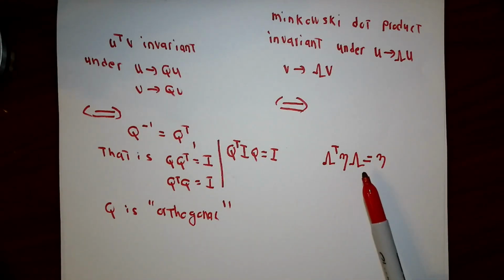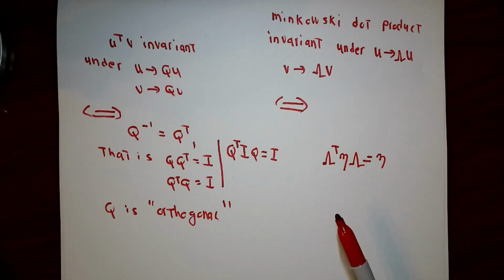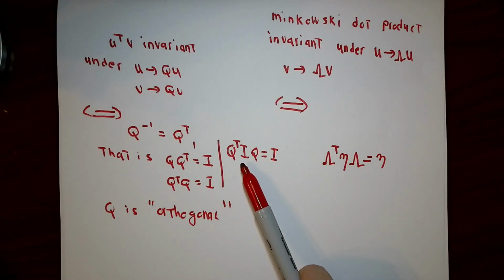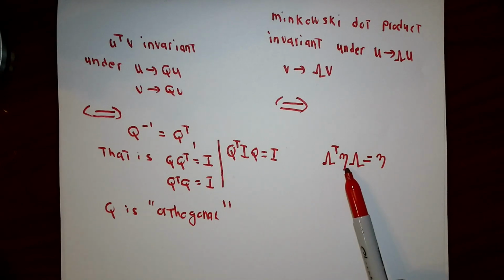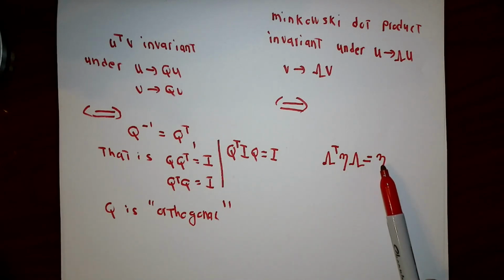Except for the name of the transformation, and except for the fact that the matrix in the middle and on this side is I here and is eta here, these two statements are very similar in spirit.